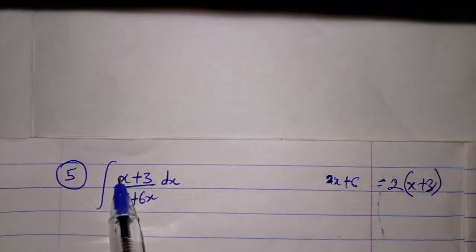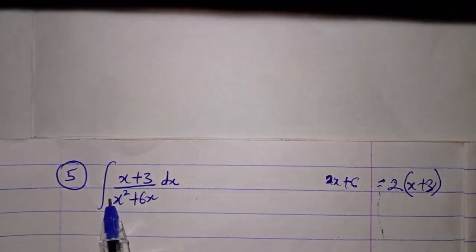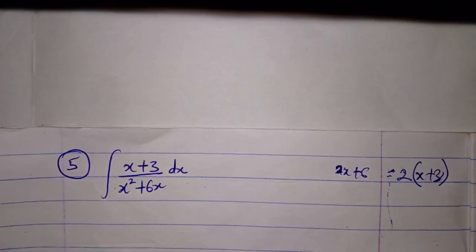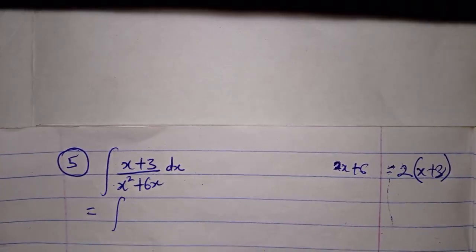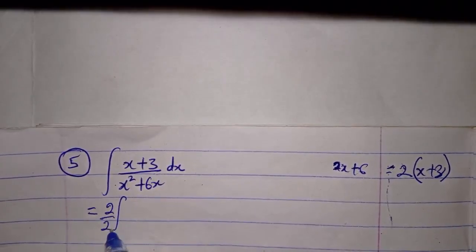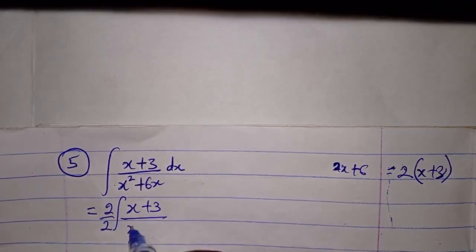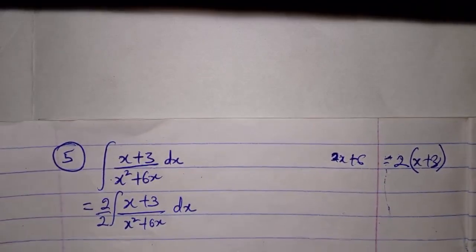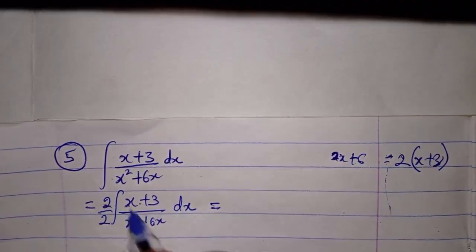If I multiply this top by 2, I must also multiply the bottom by 2 to make it equal. So this is simply equal to the integral of 2 over 2, x plus 3 all over x squared plus 6x dx. So if I send this 2 inside, we now have 2 times x is 2x.